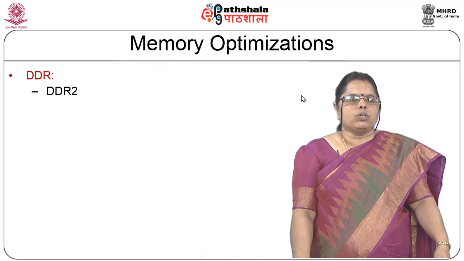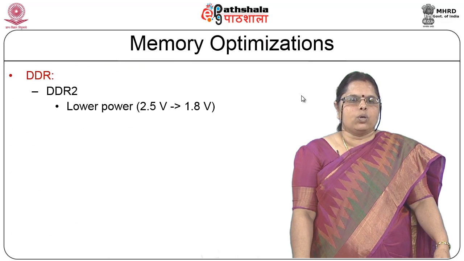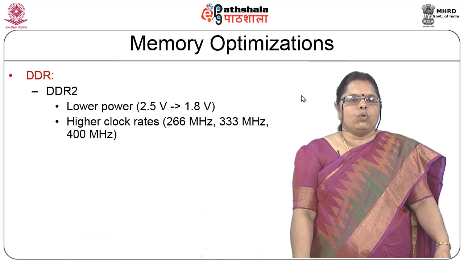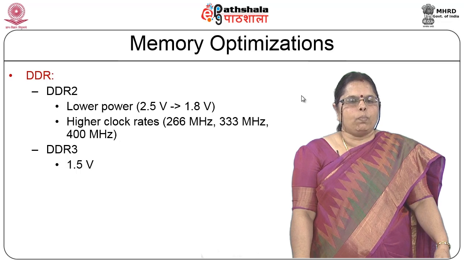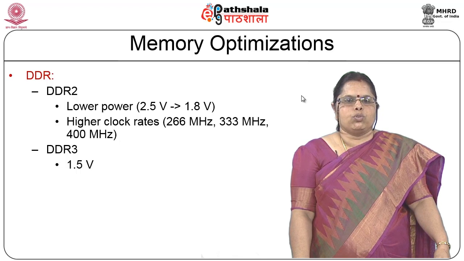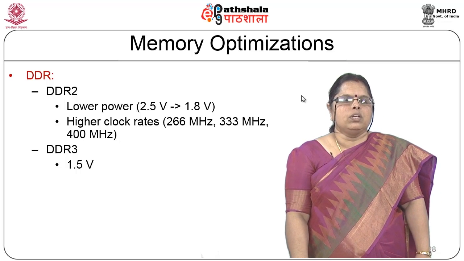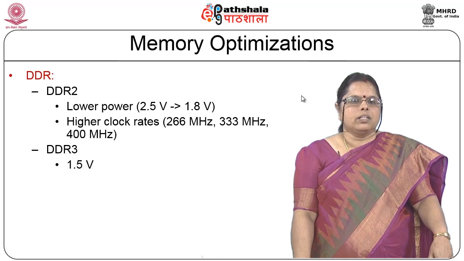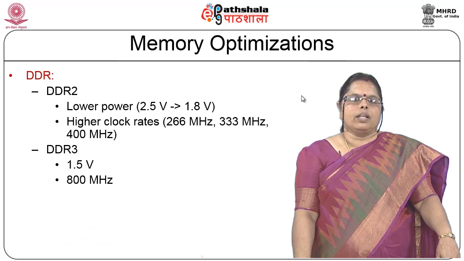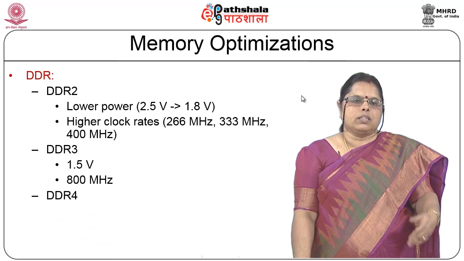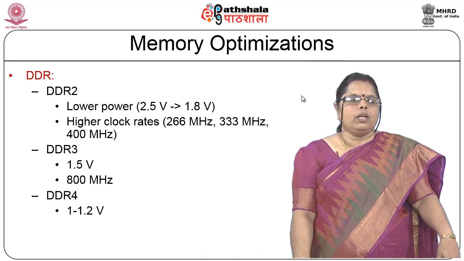DDR was further extended to DDR2, DDR3 and DDR4. DDR2 has very low power: the voltage was reduced from 2.5 volts to 1.8 volts, and it supports higher clock rates. For DDR3, these are the voltage ranges and the frequency ranges at which it can operate.